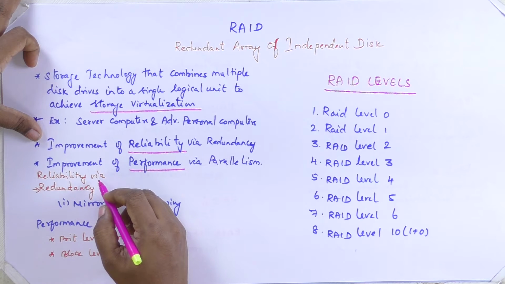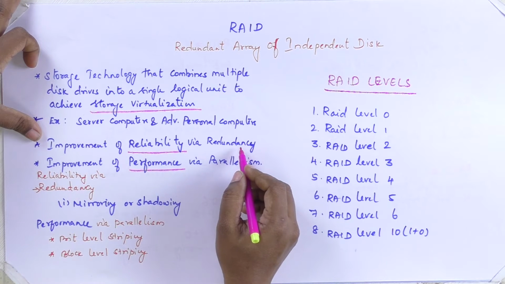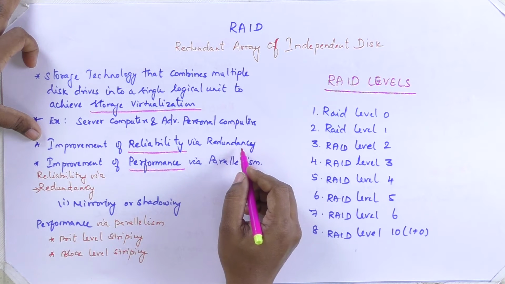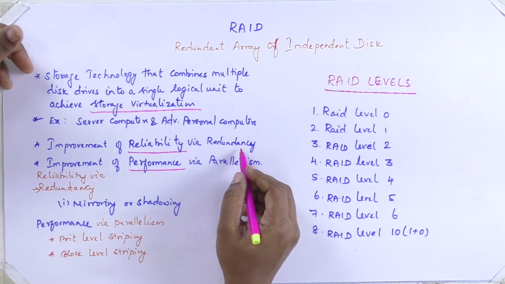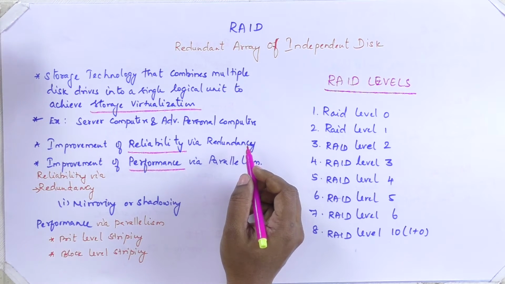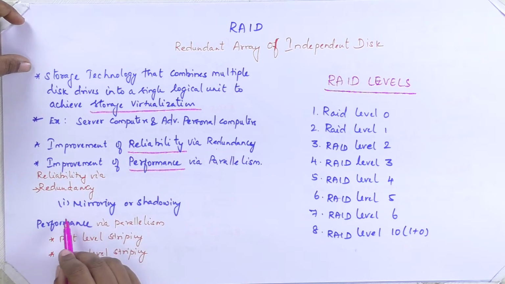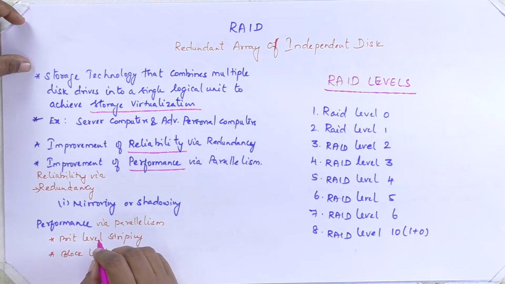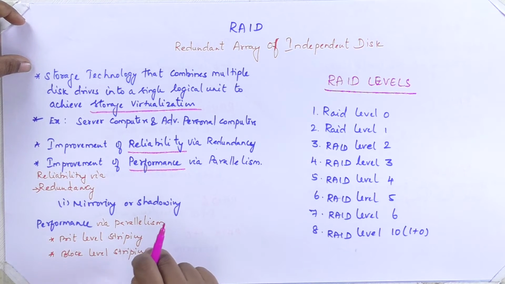Redundancy means repeating data or making copies of data multiple times, so the same data is stored many times. This redundancy is achieved through mirroring and shadowing of data. Performance is improved via parallelism, which is achieved through bit level striping and block level striping. Striping is nothing but distributing the data.